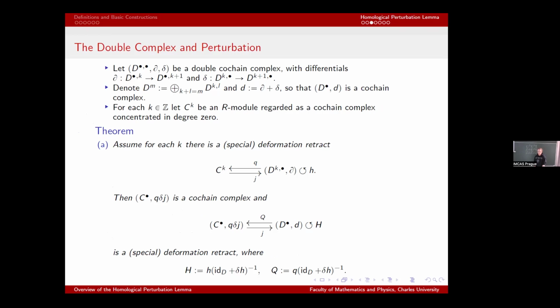each regarded as a cochain complex centered in degree 0, and 0 in the other degrees, we have the following theorem.